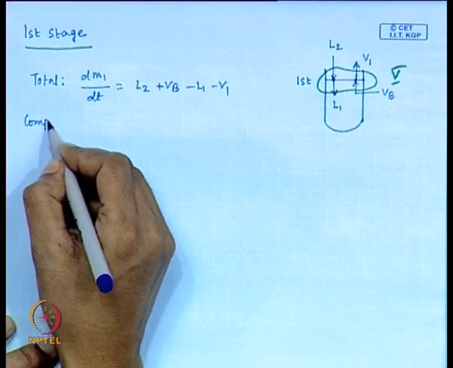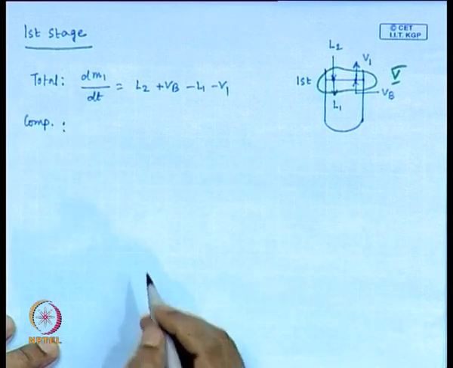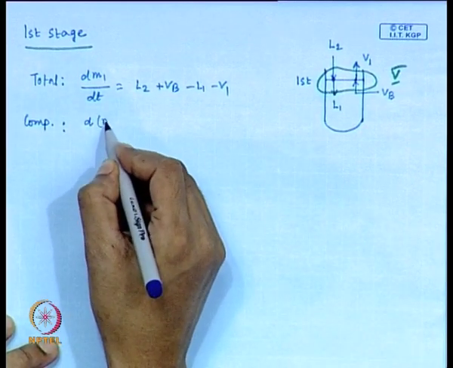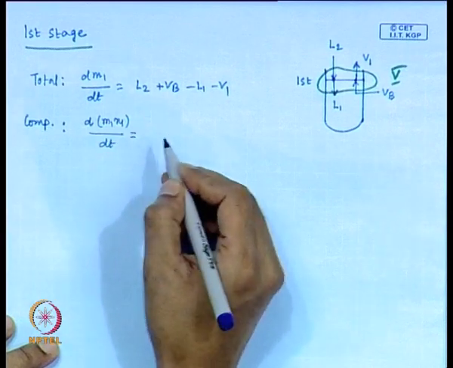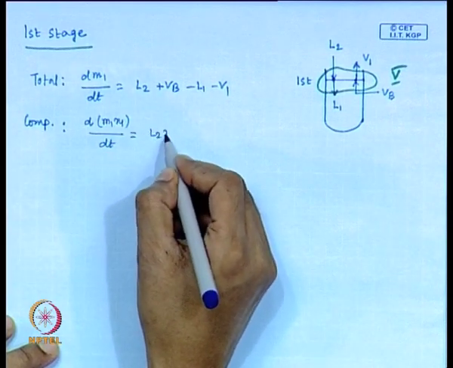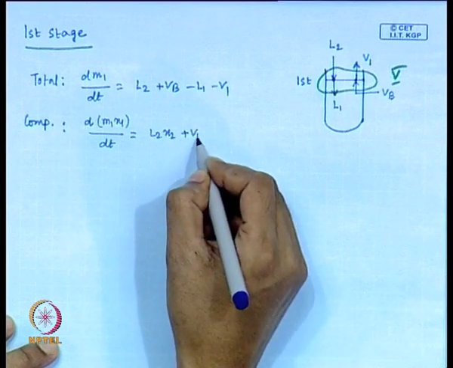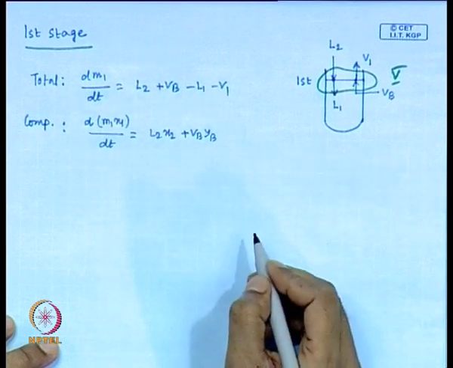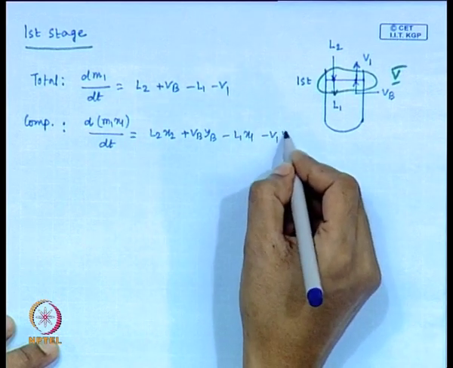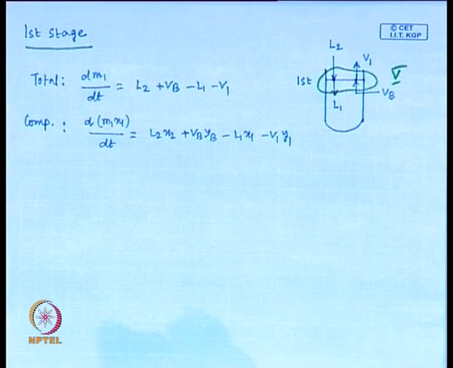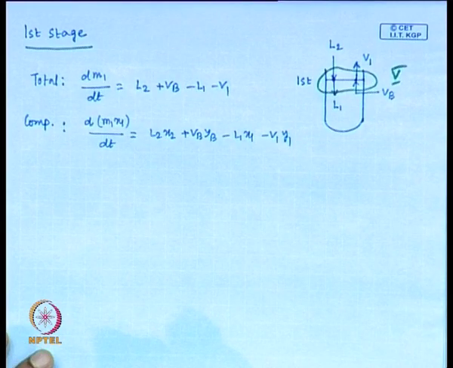Similarly, the component mass balance: d(m1 x1)/dt equals L2 x2 plus Vb yb minus L1 x1 minus V1 y1. Fine. This is the component mass balance equation.